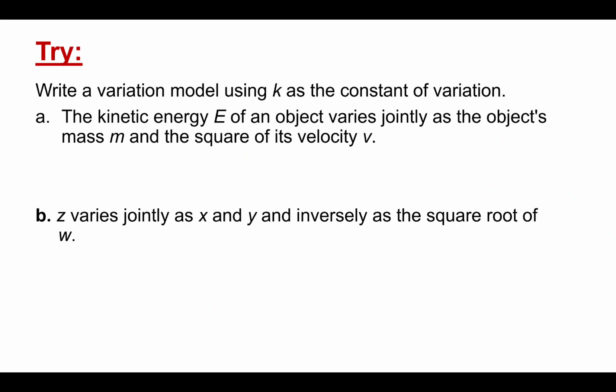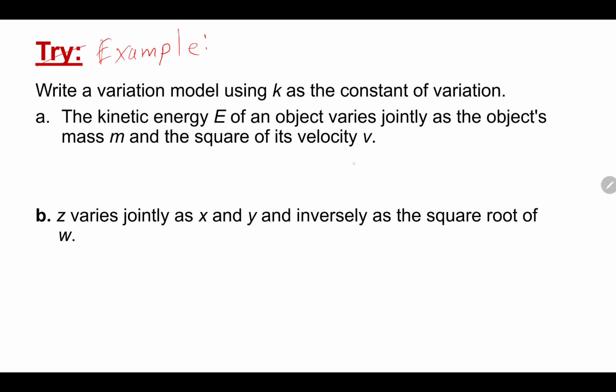So let's just call this an example now. Let's see what happens. So the kinetic energy E of an object varies jointly as the object's mass and the square of its velocity.